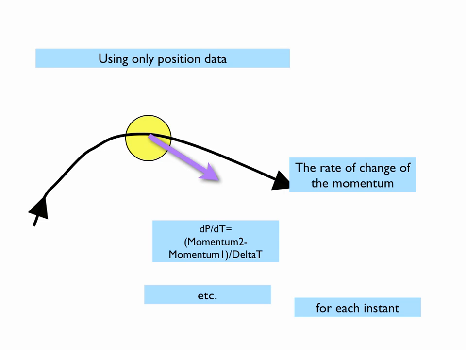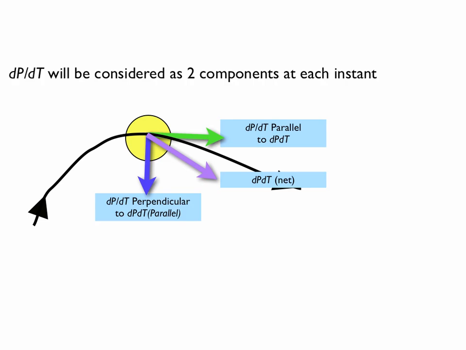The rate of change of the momentum will be designated dp dt and will be obtained by momentum 2 minus momentum 1 divided by delta t. dp dt can be considered as two components at each instant. dp dt net can be decomposed into dp dt parallel and dp dt perpendicular to dp dt parallel.